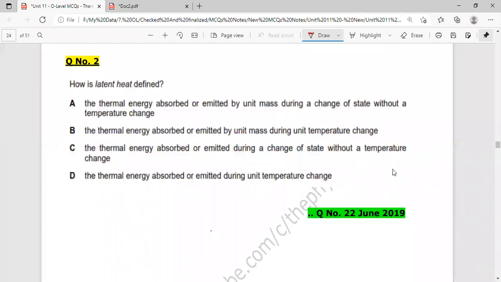In latent heat, temperature remains constant, and there is nothing related with mass. In latent heat, it is not the specific latent heat, so the word latent heat is used. So unit mass, this option will be crossed.